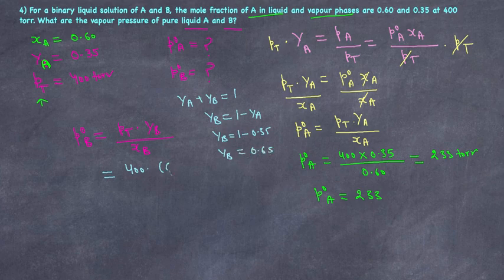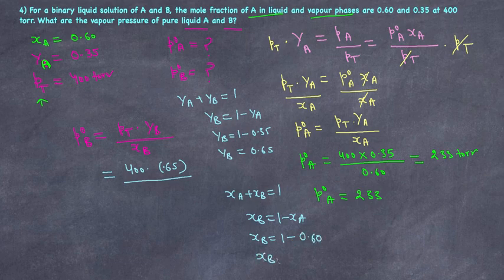So 0.65 divided by XB. Similarly, XA plus XB is equal to 1. That means XB is equal to 1 minus XA. So XB is equal to 1 minus 0.60.